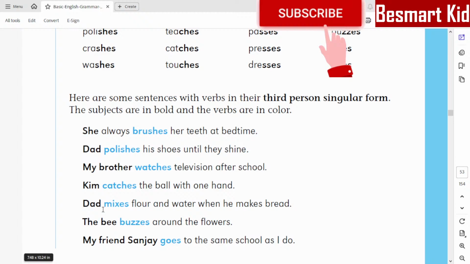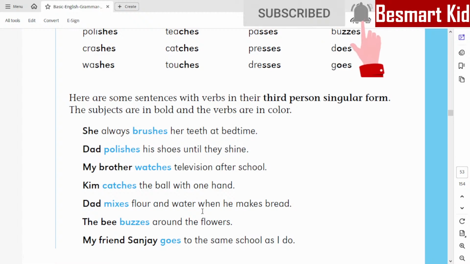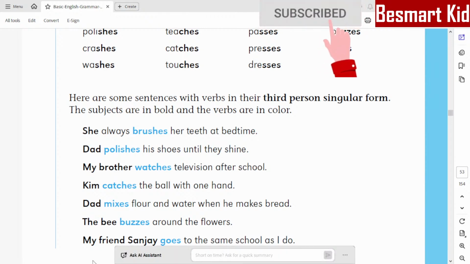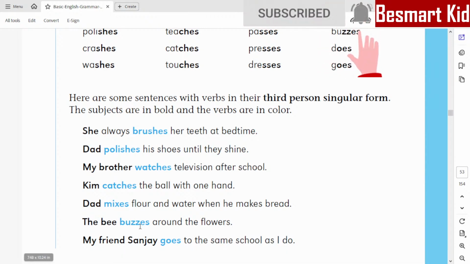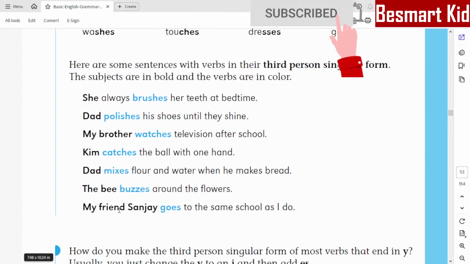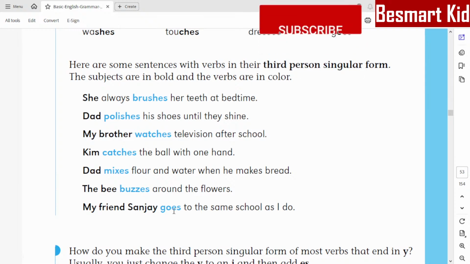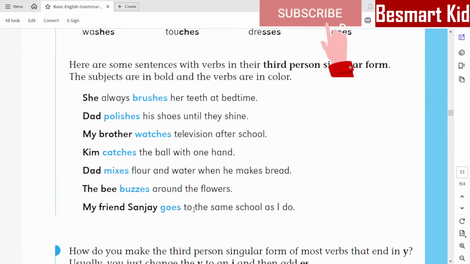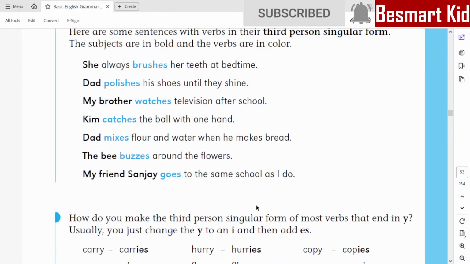Dad mixes flour and water when he makes bread. The bee buzzes along the flower. My friend Sanjay goes to the same school as I do.